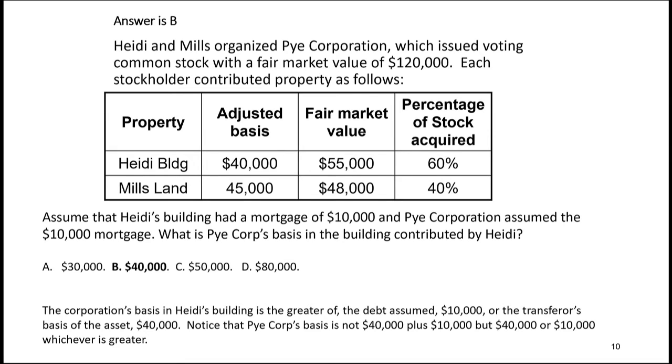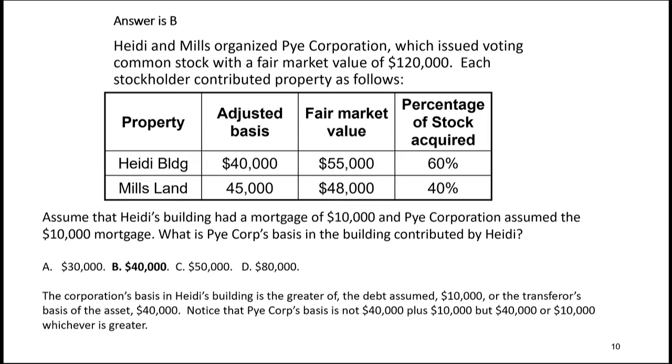In this case, the mortgage is only $10,000. The basis originally is $40,000. That's what the corporation will pick up as the basis in their new building. And notice that Pi Corp's basis in the building, $40,000, is not the same as Heidi's basis in the stock, which is $30,000. And now you see why they love to ask you questions like this.